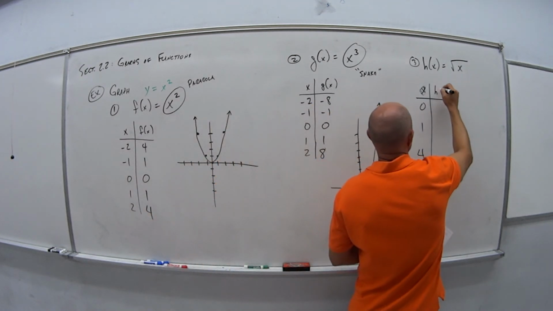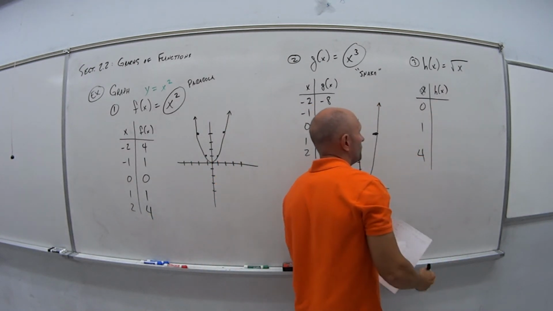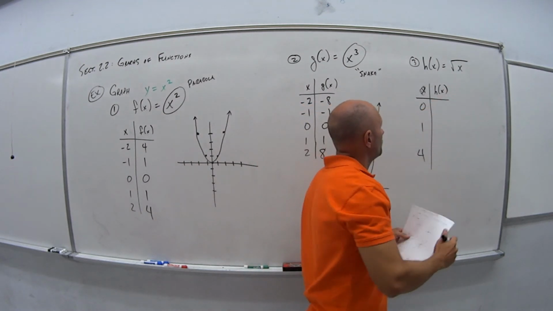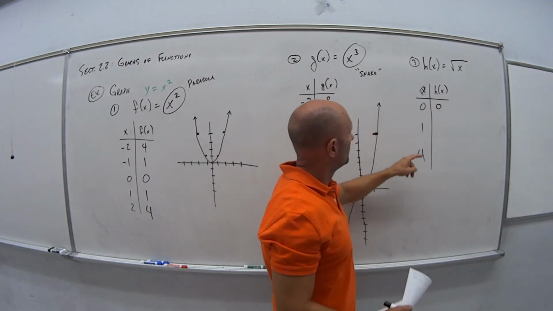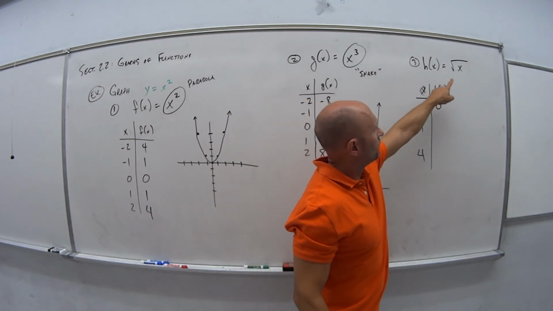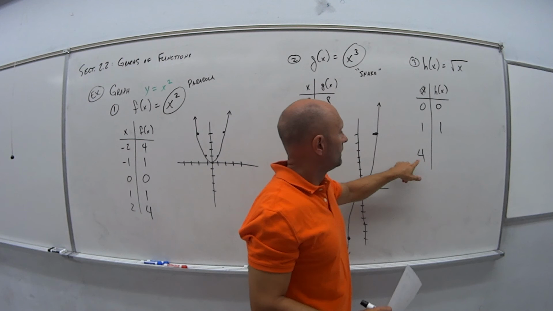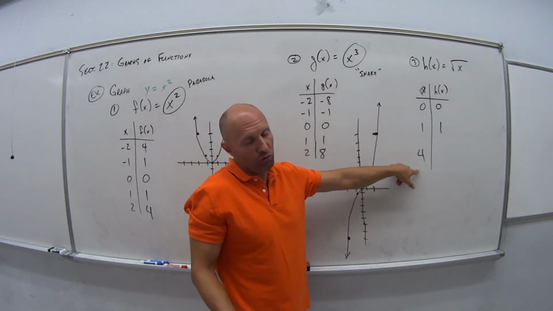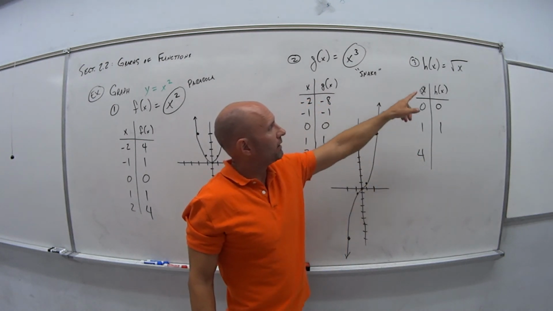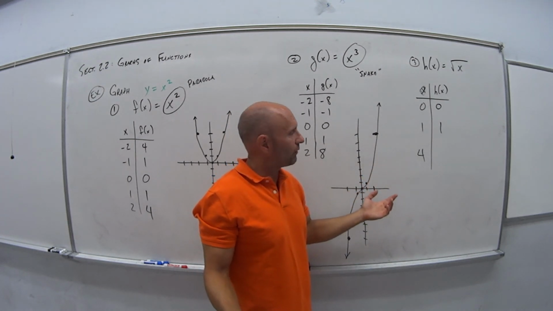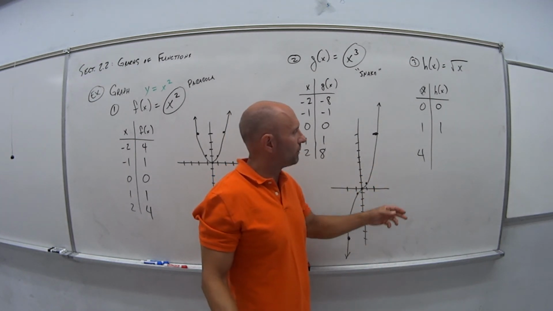And so my h of x, the value that gets kicked out, well, if I plug in 0, square root of 0 is 0. If I plug in 1, square root of 1 is 1. And here's why I picked 4. If I pick 2, which I could have, if I plug in 2, what do I get? Square root of 2, which I don't really know where that falls on the graph. It's not a nice, clean number for me.